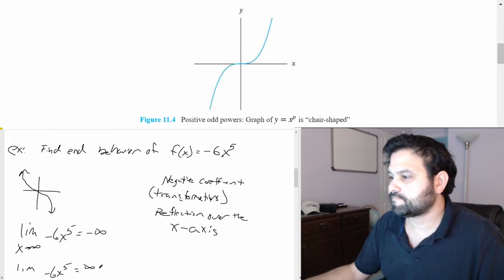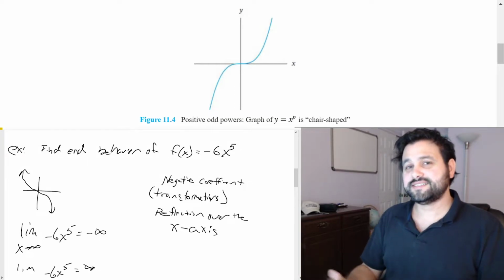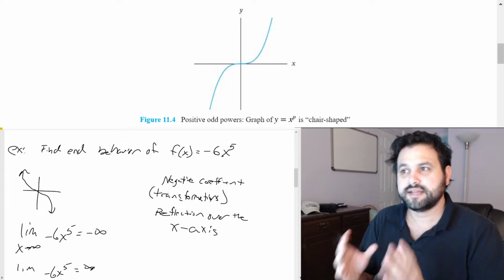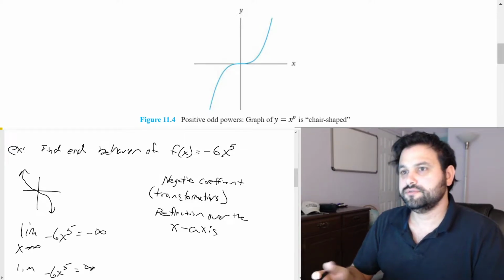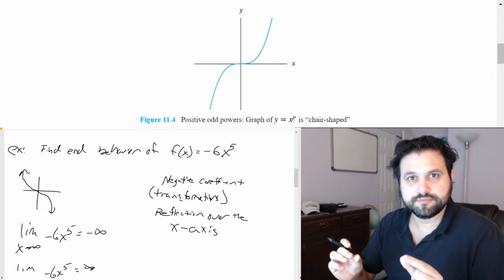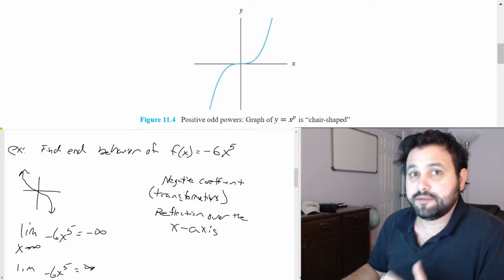Okay. So that's essentially all we're talking about in terms of power functions. That's going to be the important part to remember about these single term functions. Okay. Is the end behavior.